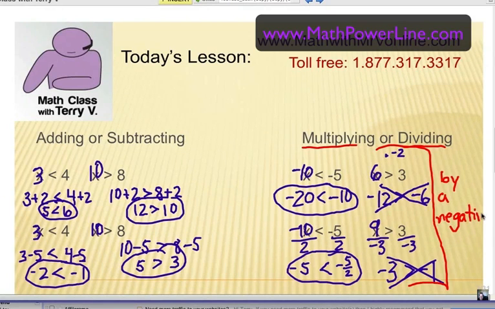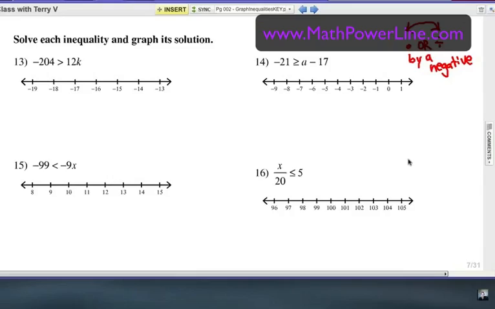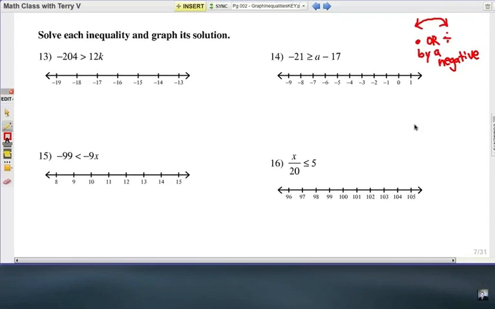When we multiply or divide by a negative number on each side to solve an inequality, that's when you flip the sign. So in these problem sets, here's the rule you have to remember. Go ahead and solve the inequalities just like a regular equation, but in the last step, if you're going to multiply or divide by a negative number, you have to invert or flip the sign. Otherwise, keep it the same.